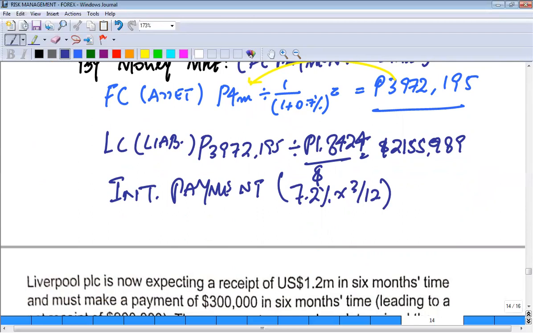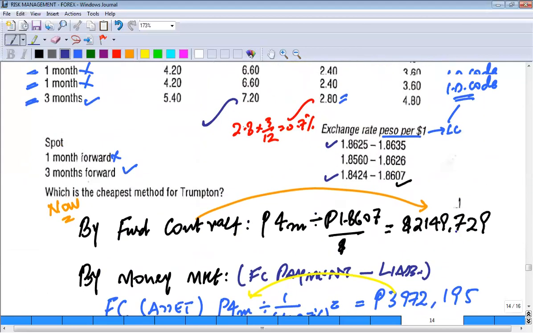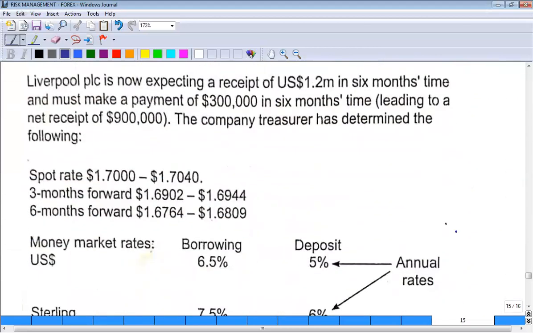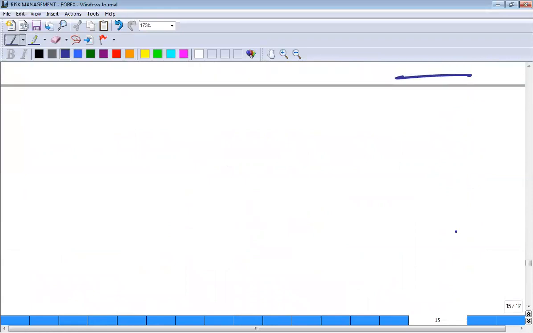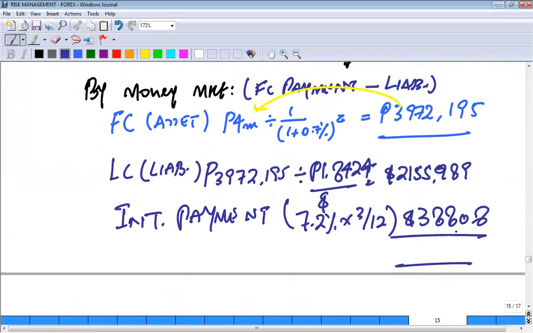That is 38,808, and we have to make a payment of 2,155,989 plus 38,808, that is 2,194,797.